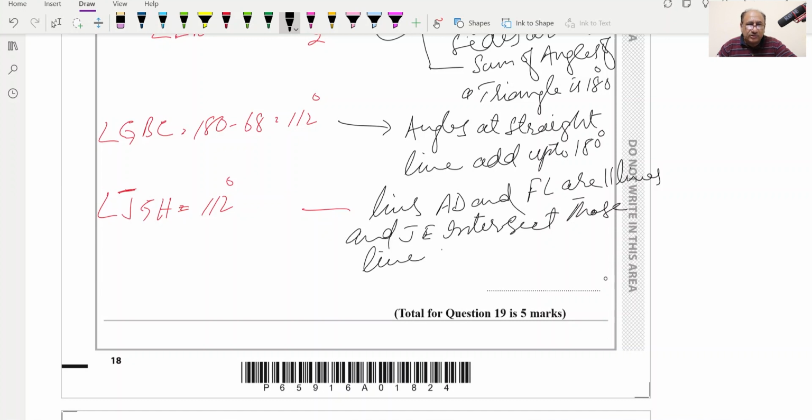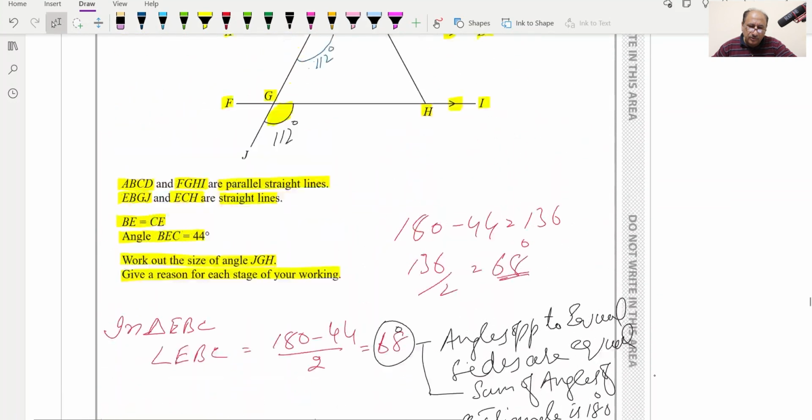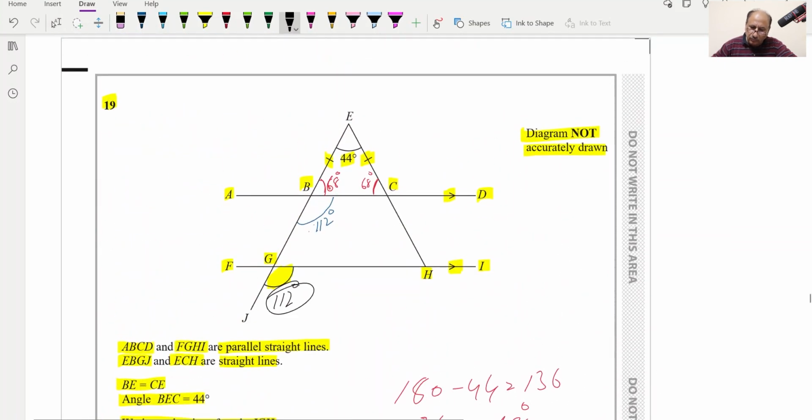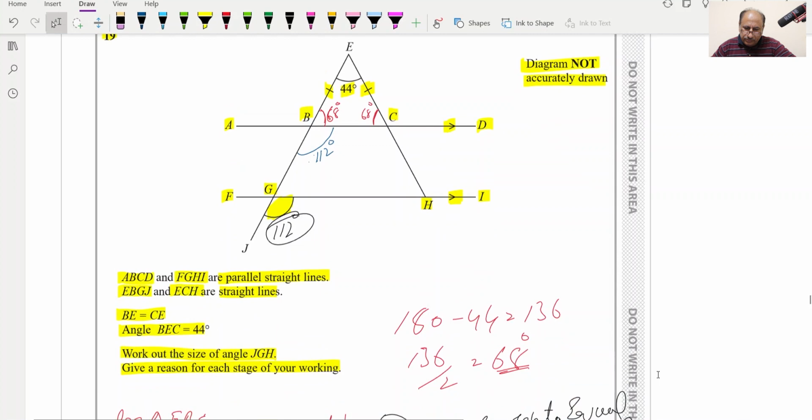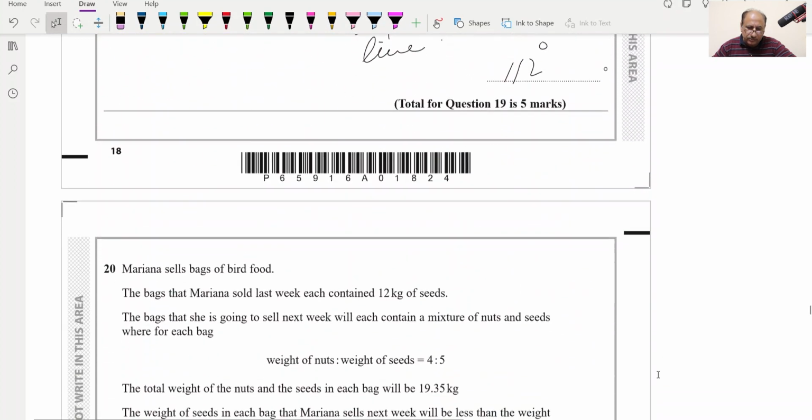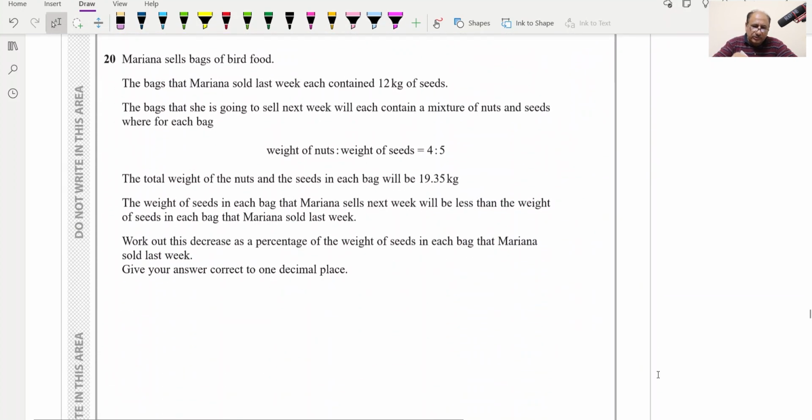So this will be a sufficient statement for this one, and our answer will be 112, which is required. 112 is this angle which we have written over here, and angle JGH was required. This is done. Now we can move to question number 20.